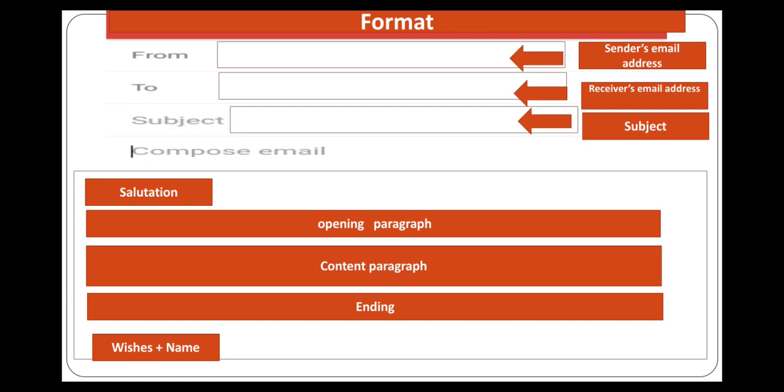And the last thing we conclude an email with is the wishes plus your name. So wishes, for example, you write best wishes, best regards, take care, yours faithfully. All these expressions can be used to close the email. Now let's move to a concrete example, to a sample of an email.